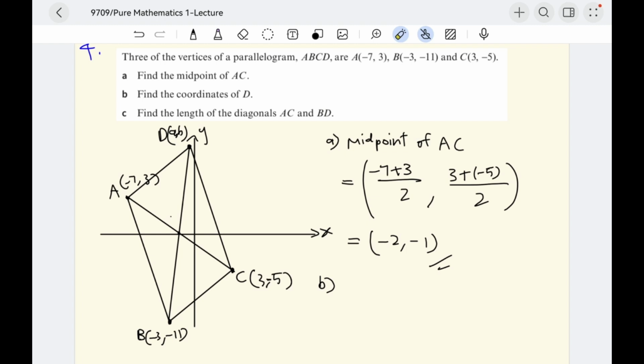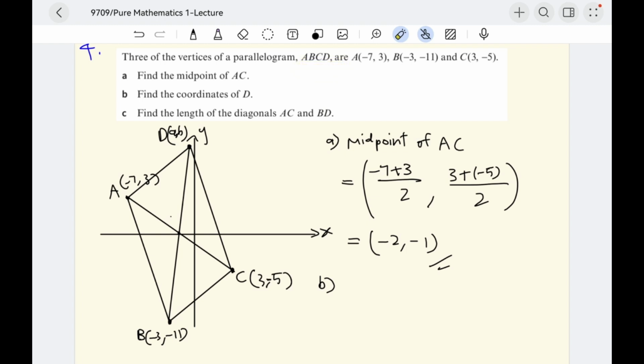Because if you let the midpoint separate each diagonal, this side and this side are equal in length, as well as the other two sides here. So therefore the midpoint of AC equals the midpoint of BD, where BD is the other diagonal of this parallelogram.